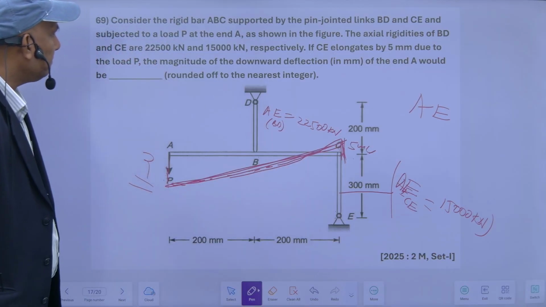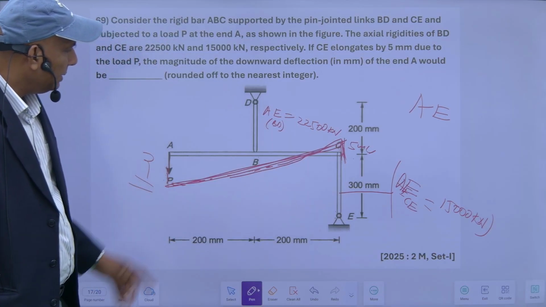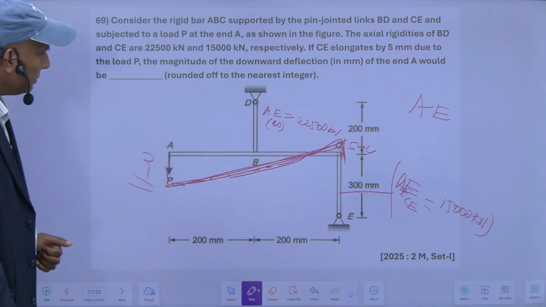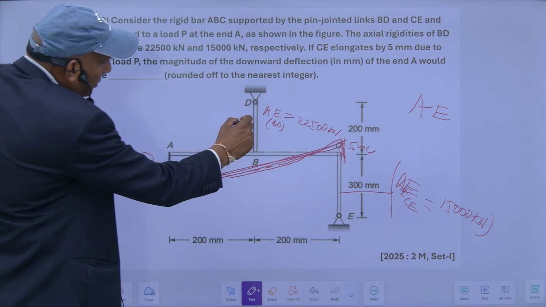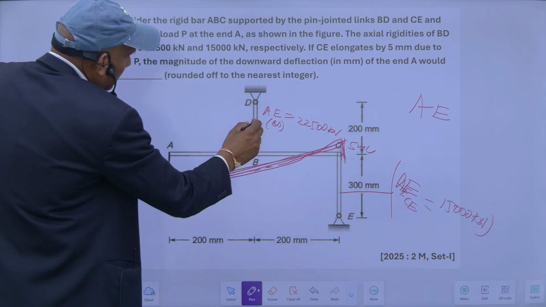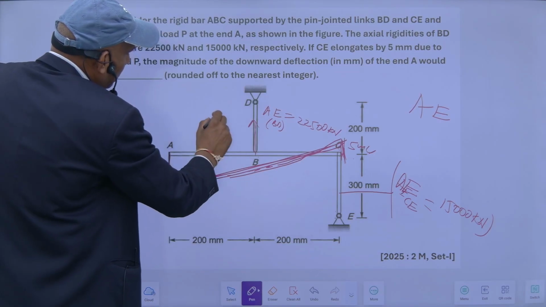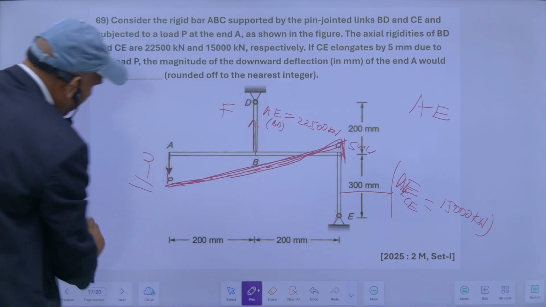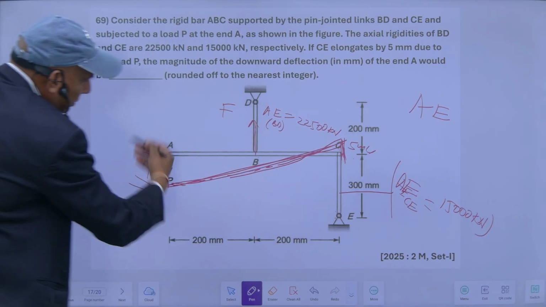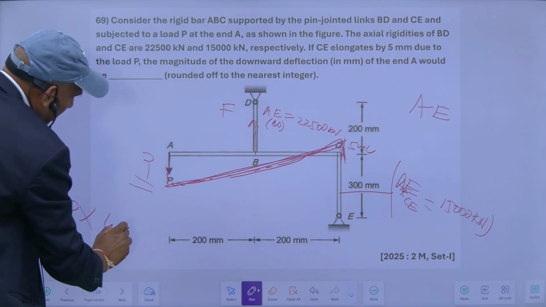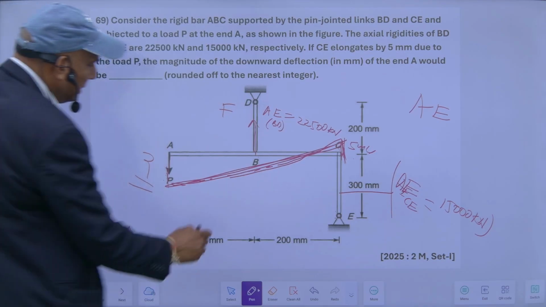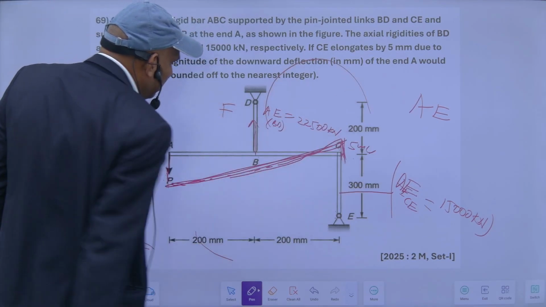divided by AE. So first of all I have to take the moments also. Suppose the force in this case is F. If I take moment about this, this will be P into 400, anticlockwise, and this will be balanced by the force because of this one.